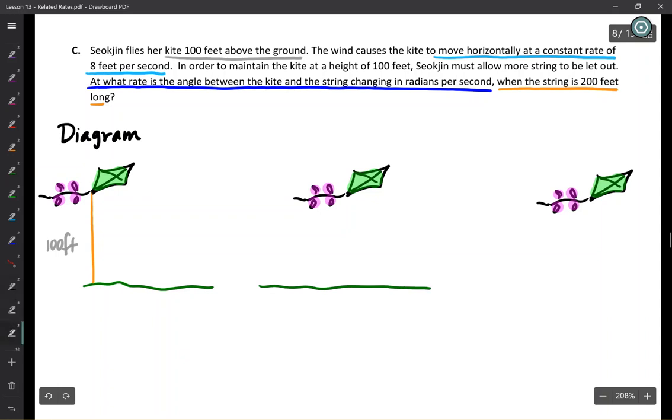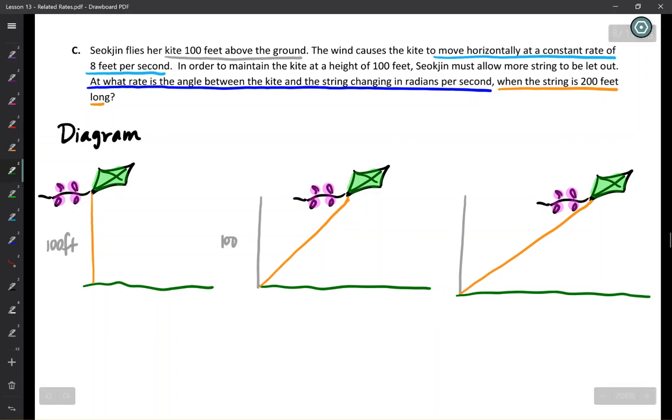So we still have the 100 feet here, but now my kite is moving horizontally. Still have my 100 feet. But my kite has traveled some distance.